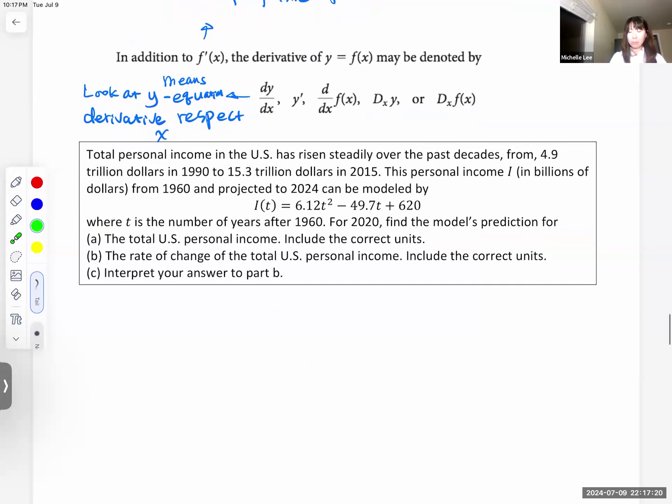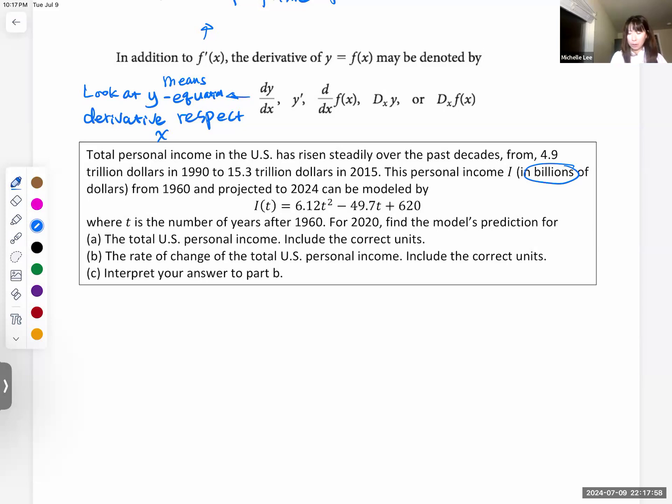Now, let's do this one. Total personal income in the US went from $4.9 trillion in 1990 to $15.3 trillion in 2015. This personal income in billions of dollars, from 1960 and projected to 2024, can be modeled by I of t, where t is the number of years after 1960.